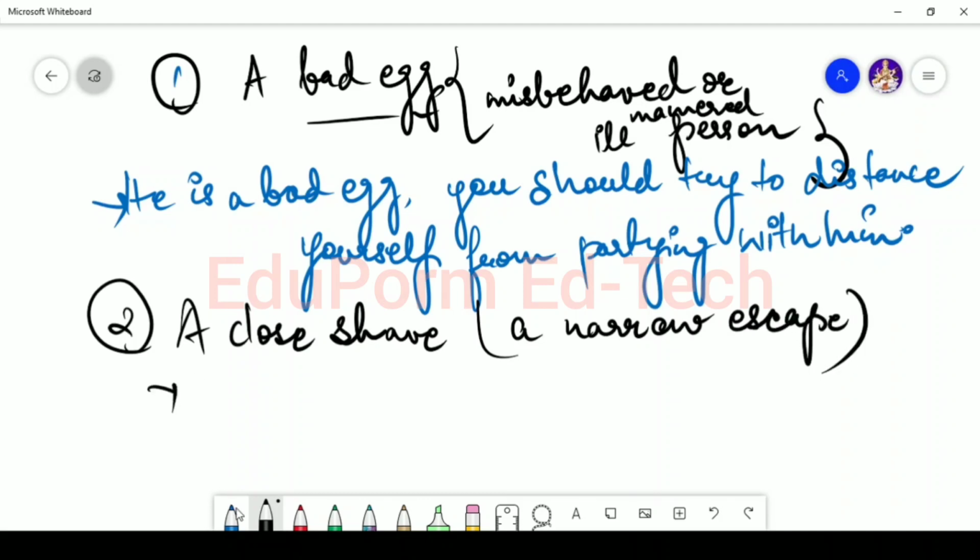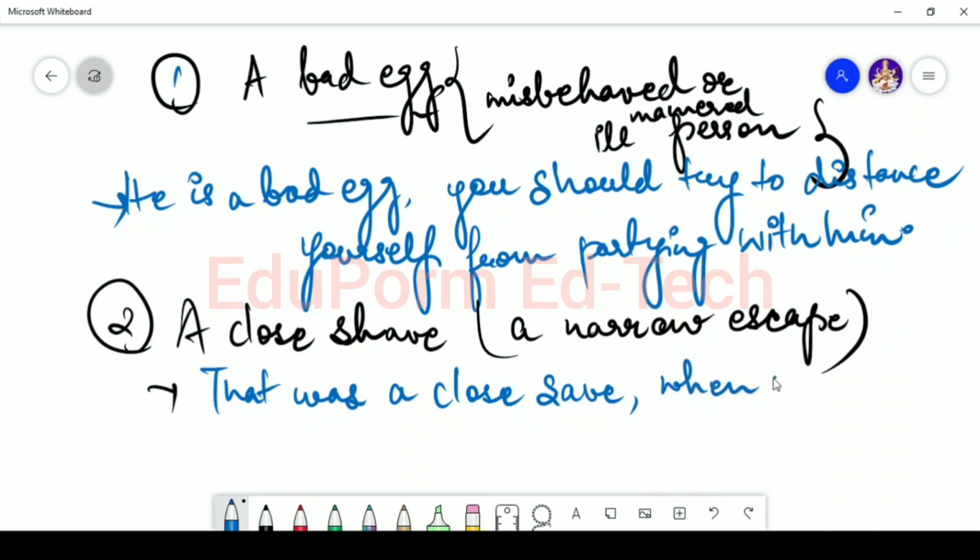Like if I'm saying that was a close save when a speeding car passed by.